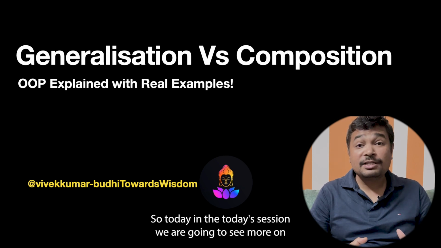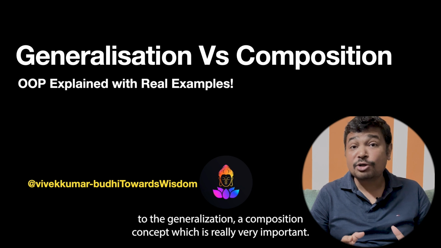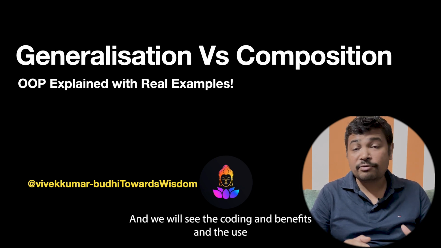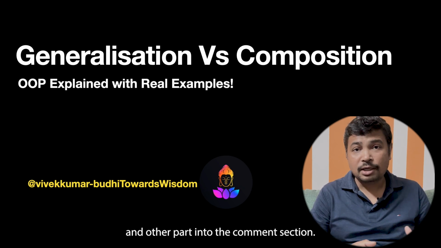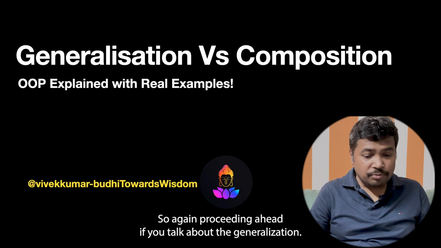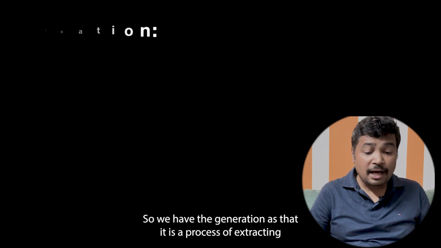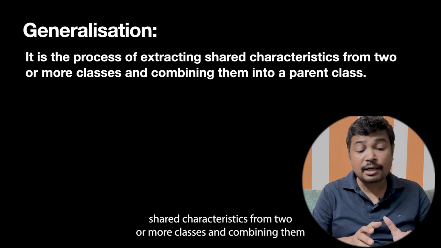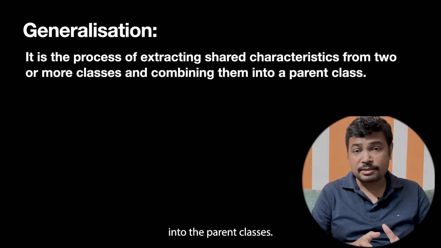So today in this session, we are going to see more about the generalization and composition concepts, which are really very important, and we'll see the coding, benefits, use and other parts in the coming sections. Proceeding ahead, generalization is the process of extracting shared characteristics from two or more classes and combining them into a parent class.